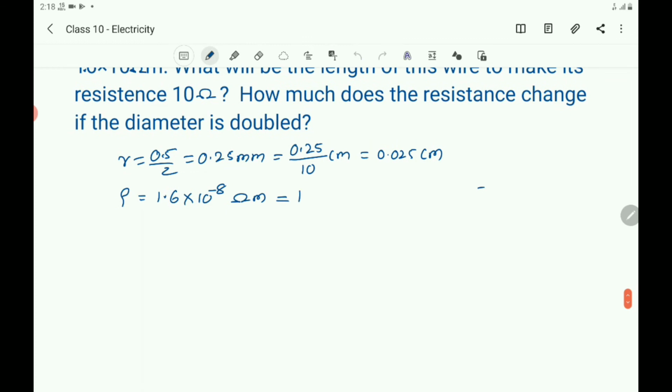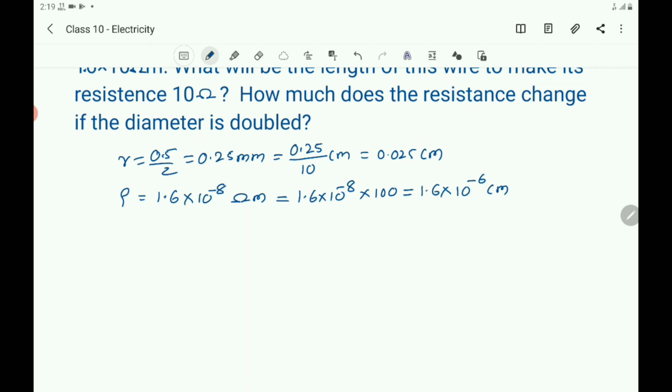So 1.6 into 10 to the power of minus 8 into 100 equals 1.6 into 10 to the power of minus 6 centimeter.